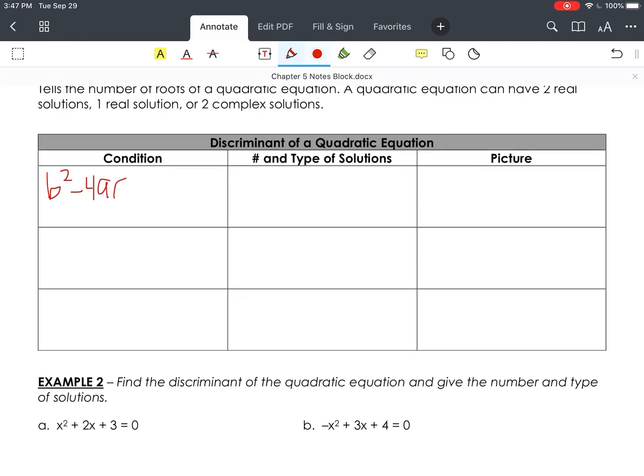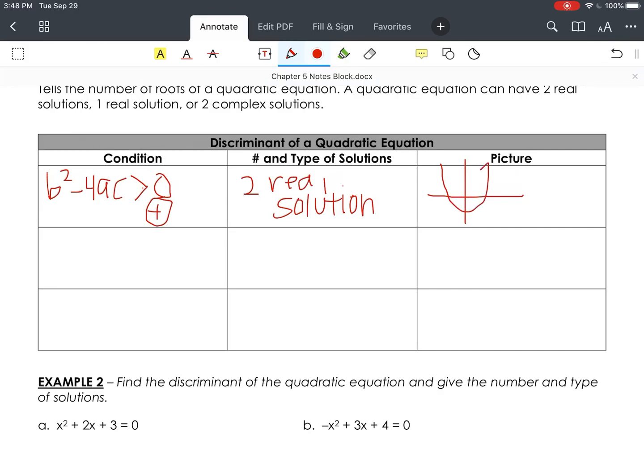So my first option is that b squared minus 4ac is greater than 0, meaning that you're getting a positive discriminant. If you're getting a positive discriminant, that means you have two real solutions, because you're taking the square root of a positive number, which is going to give you two real numbers.